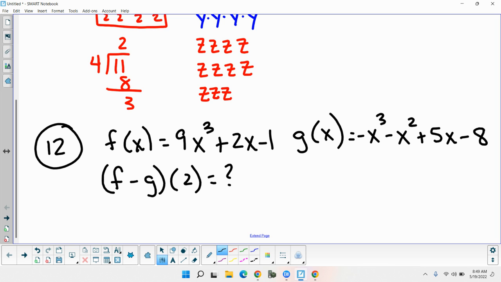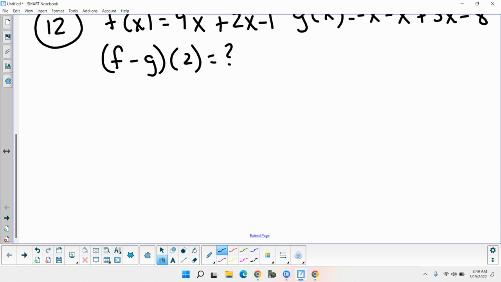Now, there's 2 ways you can do this. I've talked to some of you already. You can subtract the 2 functions first, and then plug 2 in for x to find the answer. What I like to do is plug 2 in for x first, then subtract. Either way works, though. Okay? So I do f of 2 and g of 2.